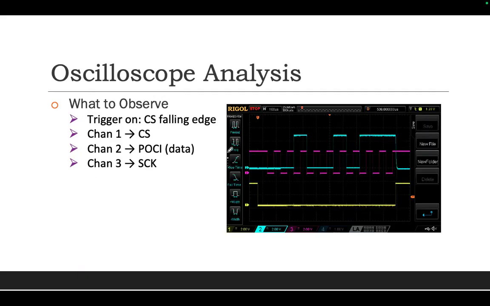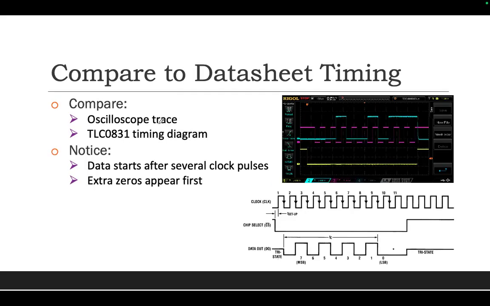Yeah. So this image is what you will observe in today's lab. And then the CS just enables the data reading. Okay, here let's compare the image from the oscilloscope and the datasheet timing.